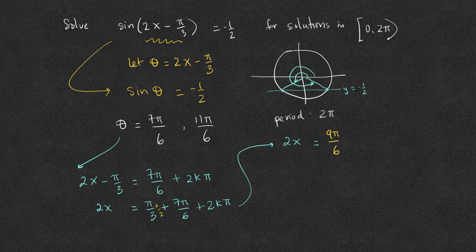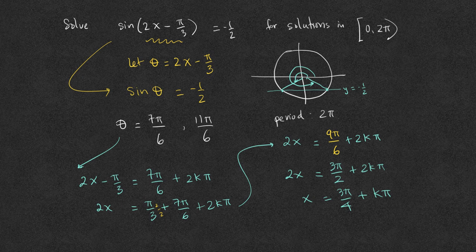And we still have 2k pi. But 9 pi over 6 is 3 pi over 2, divided by 3 top, divided by 3 bottom. Isolating x, we have x equals 3 pi over 4 plus 2k pi divided by 2 is k pi.